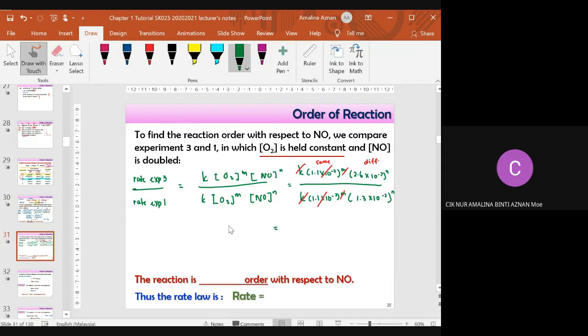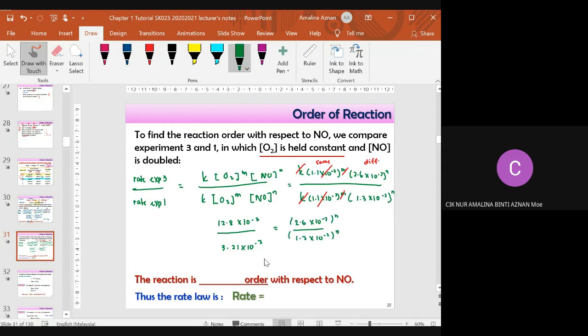Kamu akan dapat rate experiment 3, 12.8 eksponen negatif 3, divided by eksperimen 1, 3.21 eksponen negatif 3. Okay, so 2.6 eksponen negatif 2, 1.3 eksponen negatif 2, power of n to power of n.